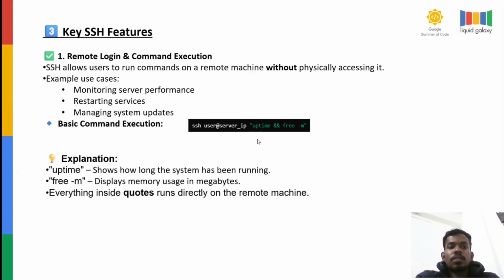The second one is restarting services. We can restart a remote server using SSH commands. The third one is managing system updates. We can manage the system updates using the commands.